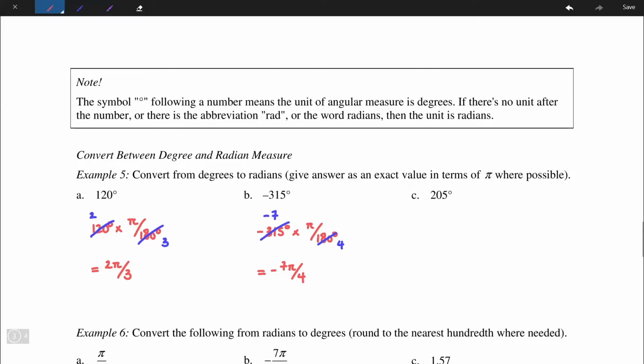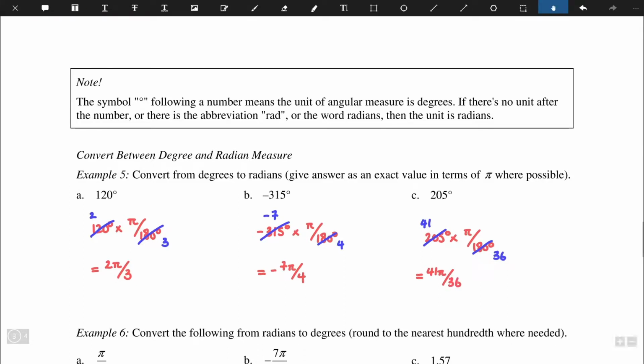Okay. Next one we have 205 degrees. Again, multiplied by pi divided by 180 degrees. In this case, there's a common factor of 5, so this reduces to 41 and 36. So in radians, 205 degrees would be 41 pi over 36.